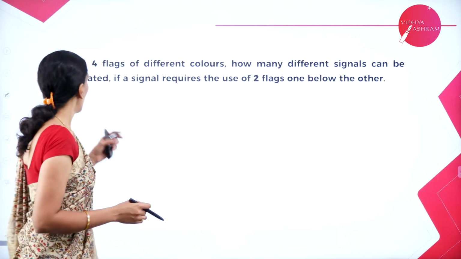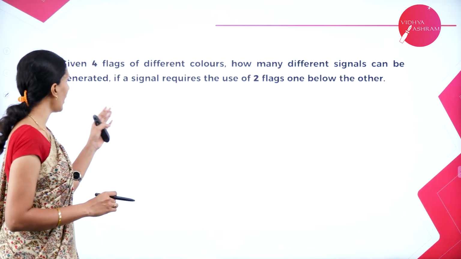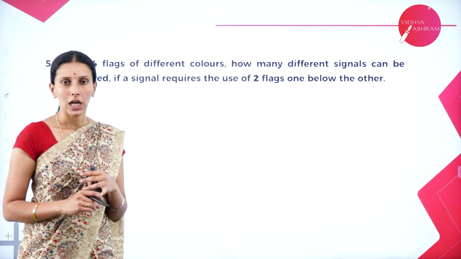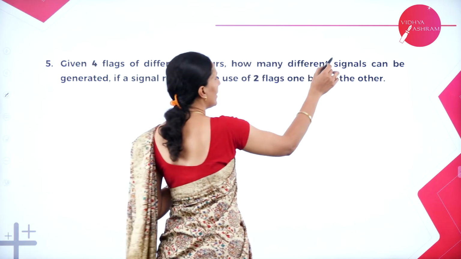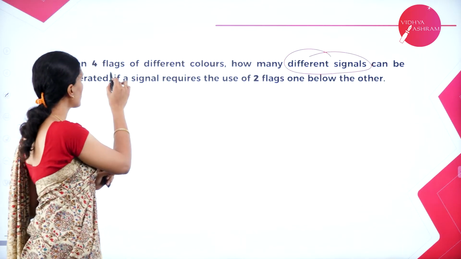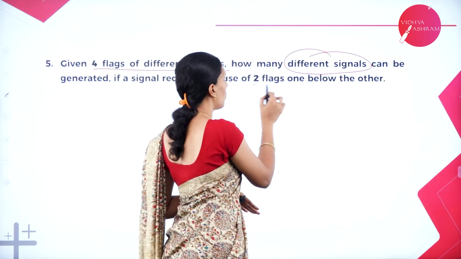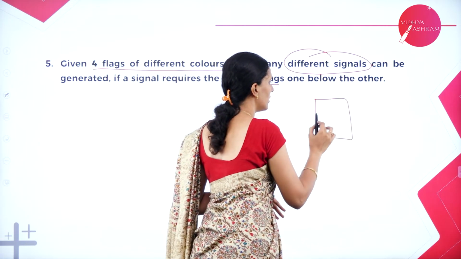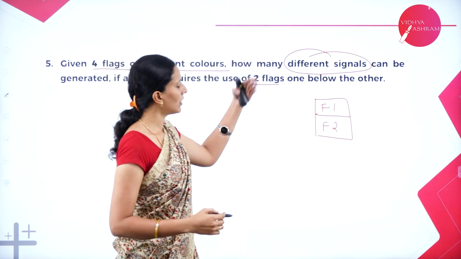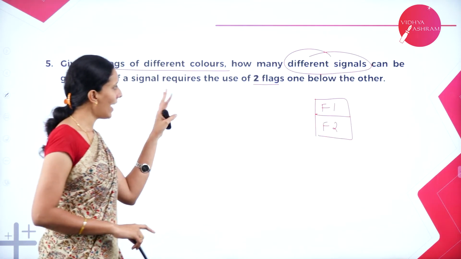Next question. Given 4 flags of different colors, how many different signals can be generated if a signal requires the use of 2 flags, one below the other? So remember the word here, different signals. I have 4 flags of different colors, so they are all different in color. I have to take only 2 flags. So this is flag 1 and flag 2. If I take any one of the colors as flag 1, the second will be another, different color.